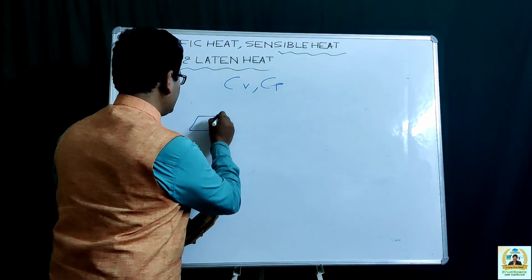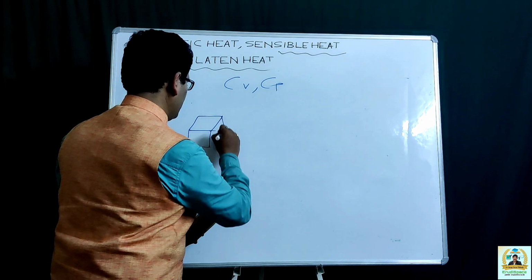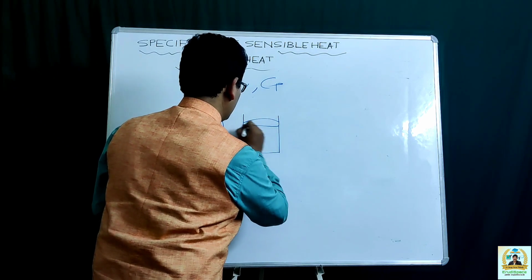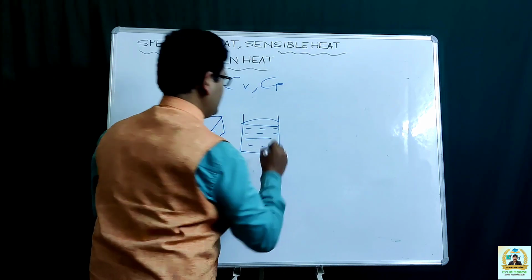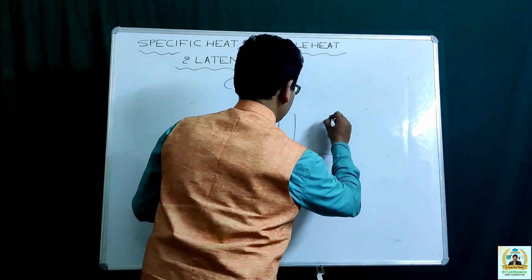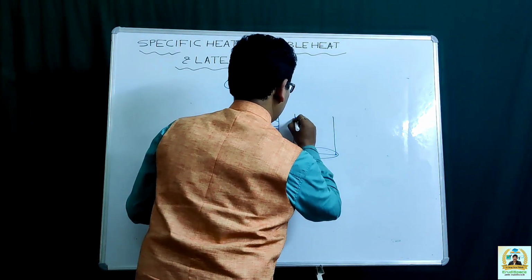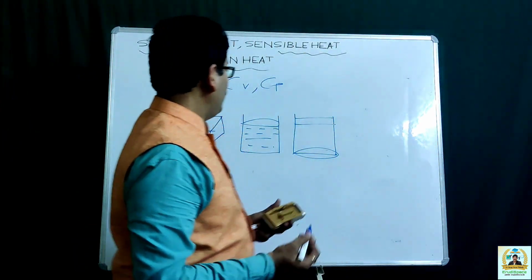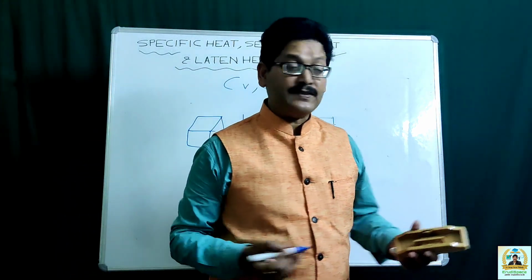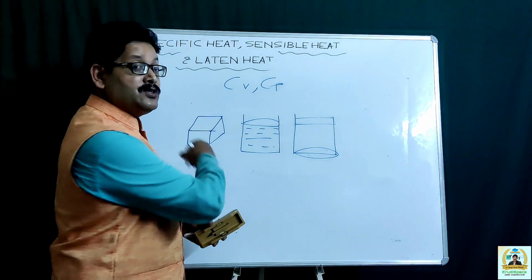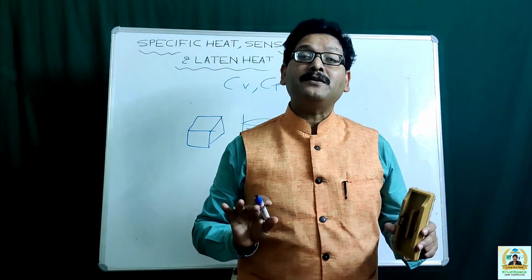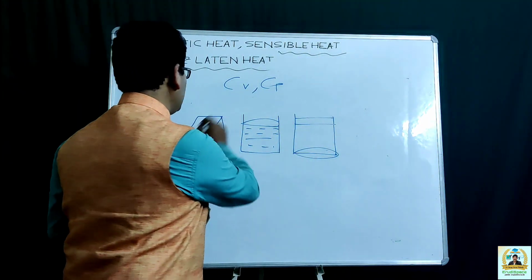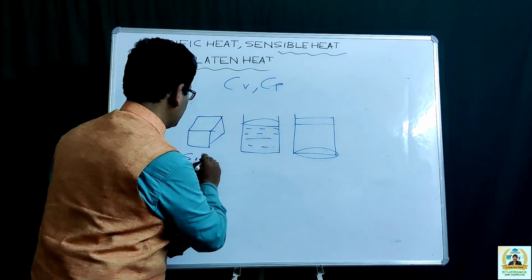Suppose this is a solid object. You have some liquid in a container, and then you have some gases in a closed vessel. Now, what is the fundamental difference between solids, liquids and gases? Here the molecules remain in their particular position. They may vibrate, but they cannot interchange their position when it comes to solids.